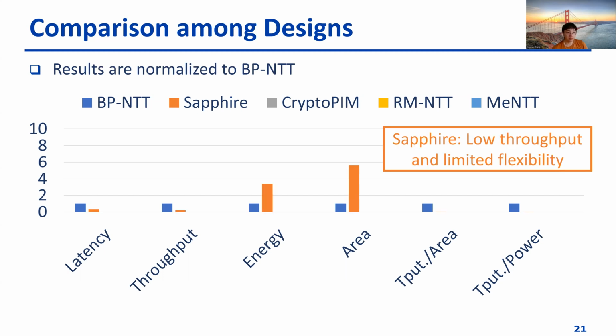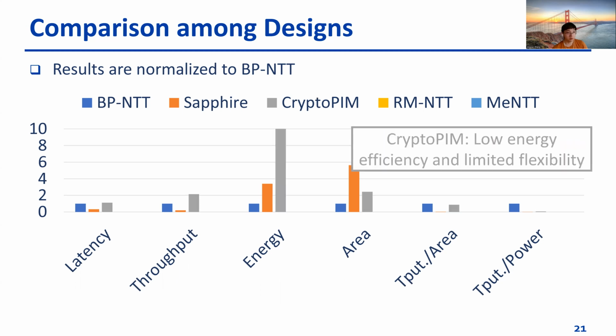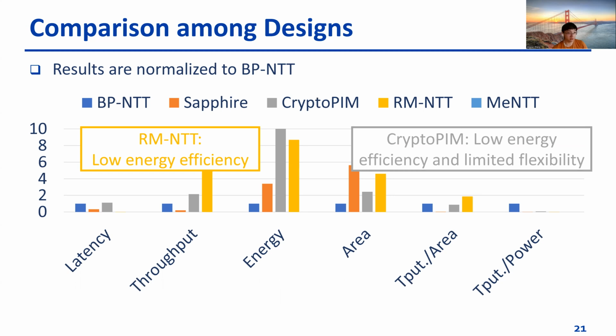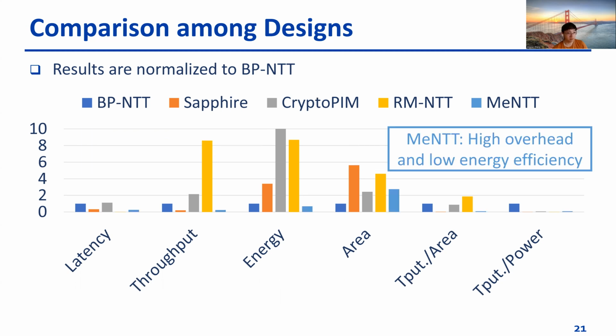First, compared to the ASIC design, Sapphire, it shows that Sapphire has low throughput and limited flexibility. When compared to in-RAM designs, both of them show low energy efficiency, while CryptoPIM has extra limited flexibility due to fixed interconnection between arrays. Compared to the in-SRAM design, MeNTT shows high area overhead and low energy efficiency.